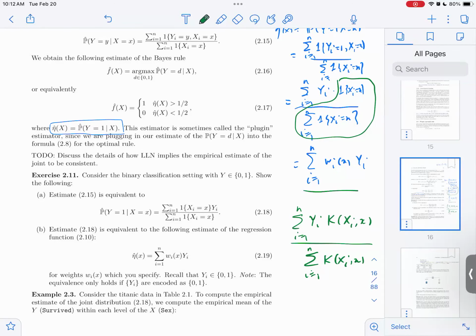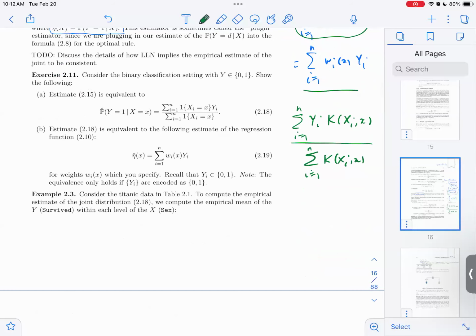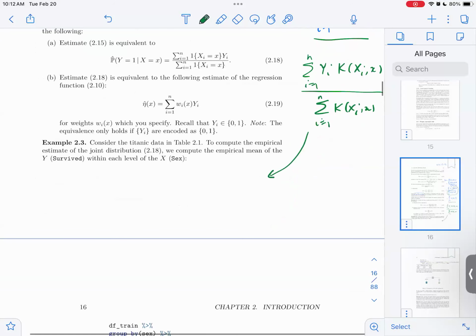We call these local averaging. Sometimes this similarity is based on distance. So let me go down here. This is like chapter 2, basically.